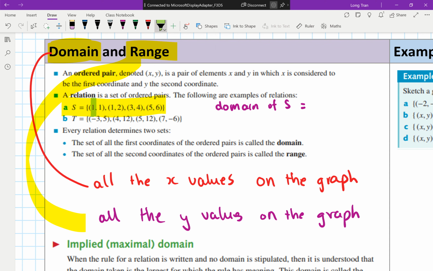I've got 1. That's the x coordinate part of the S function or relation. I've got another 1. I've got a 3 and a 5. So if I were to tell you what the domain is, the smallest number is a 1 and the largest number is a 5, and I've only got 1, 3, and 5. Those are my numbers. Okay, so those are my only coordinates for my domain. I would then list them. I say I only got 1, 3, and 5.